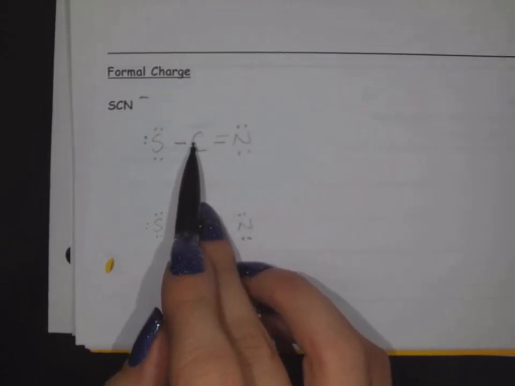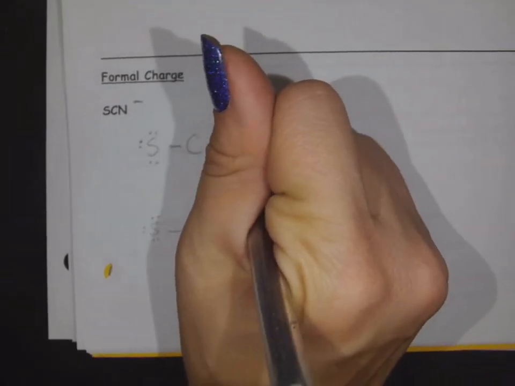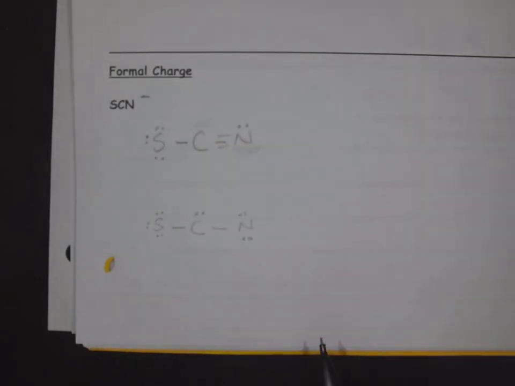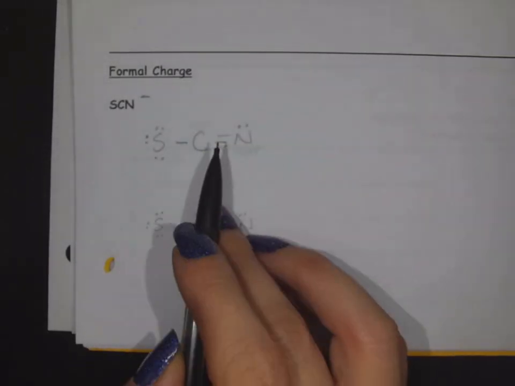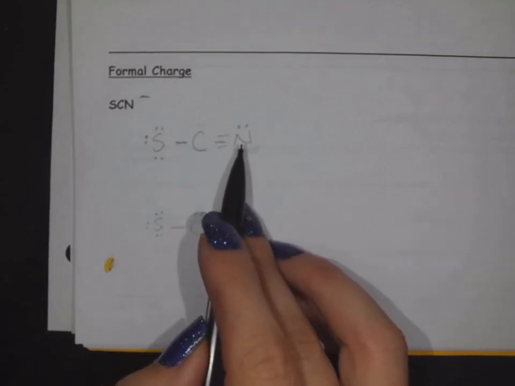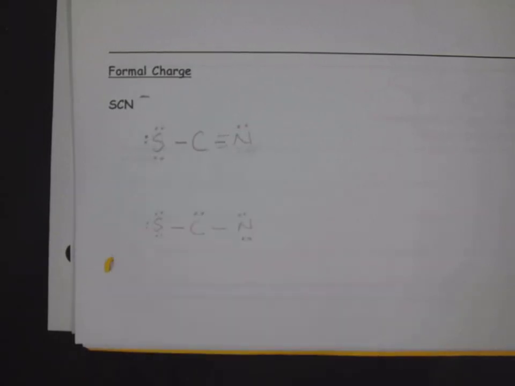Oh, but the carbon's still 2, 4, 6. So what if I take this lone pair and I turn that into a bonded pair? So now this carbon has 2, 4, 6, 8, and this nitrogen has 2, 4, 6, 8, and the sulfur does as well. So that's a great Lewis dot structure for this.